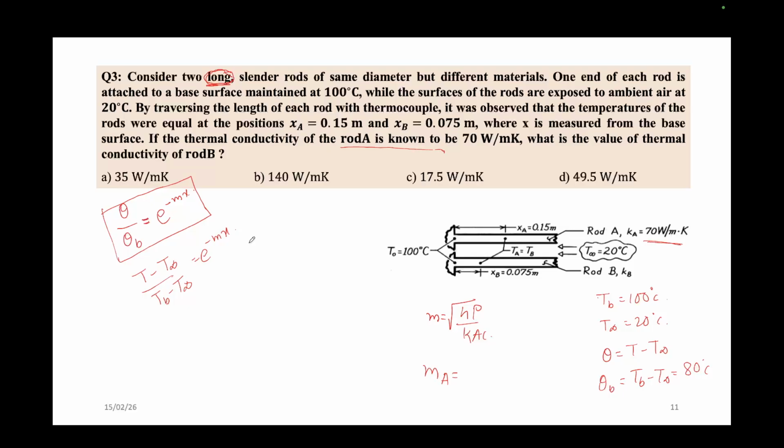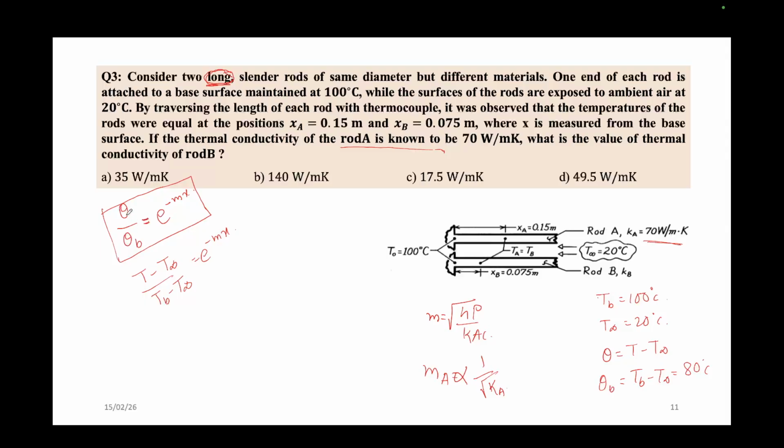So that means m is proportional to 1 by root k.